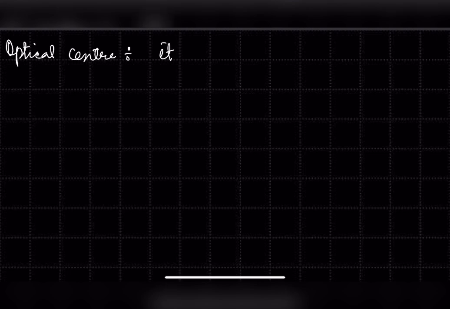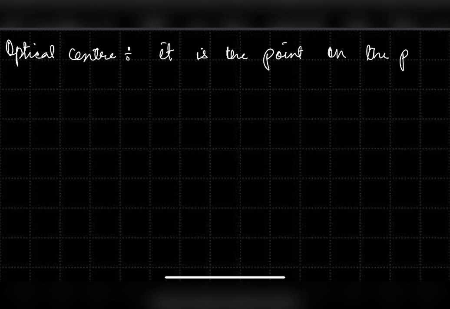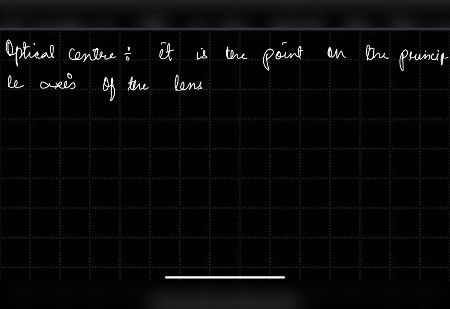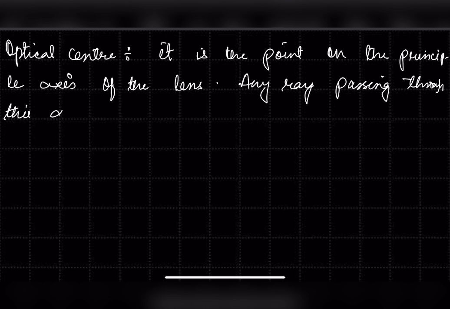It is the point on the principal axis of the lens, any ray passing through which does not suffer deviation.